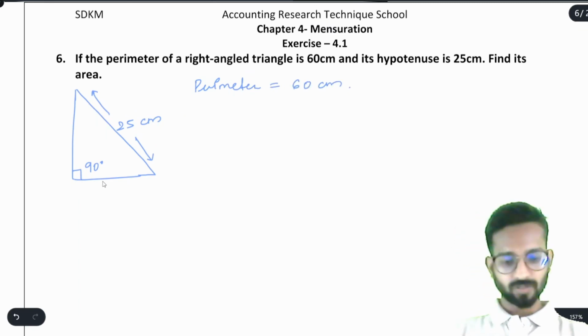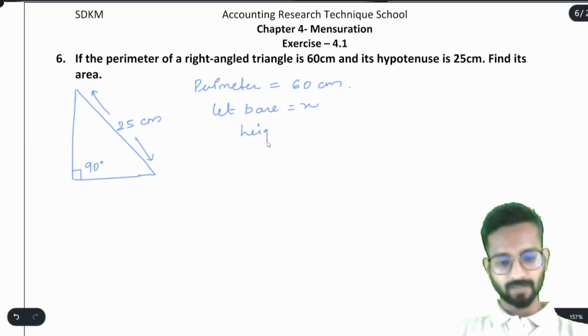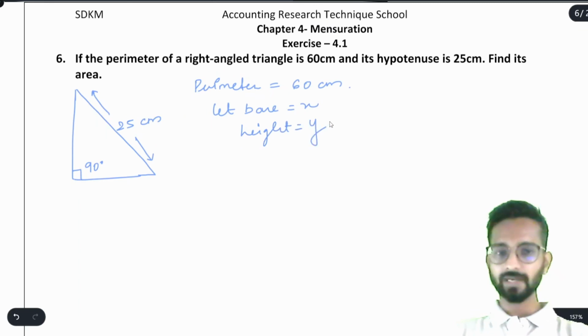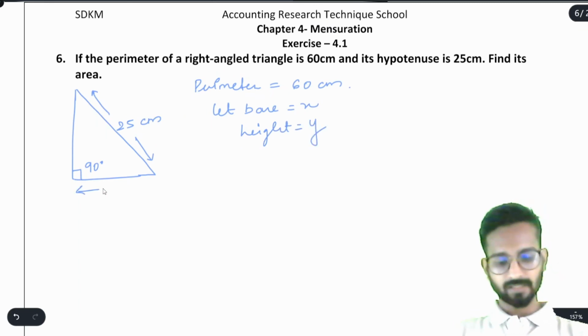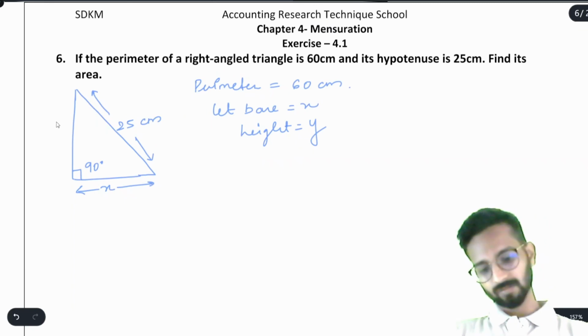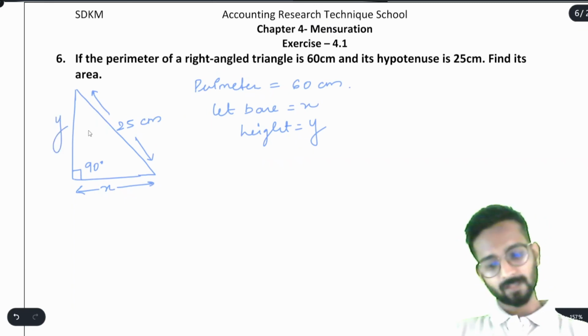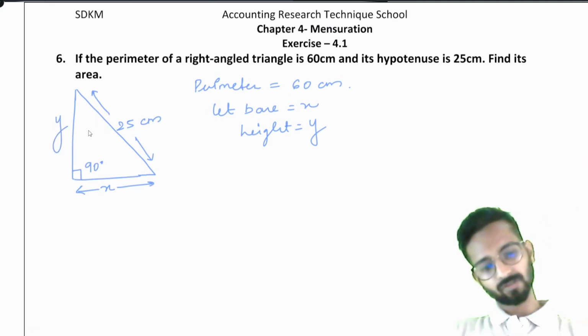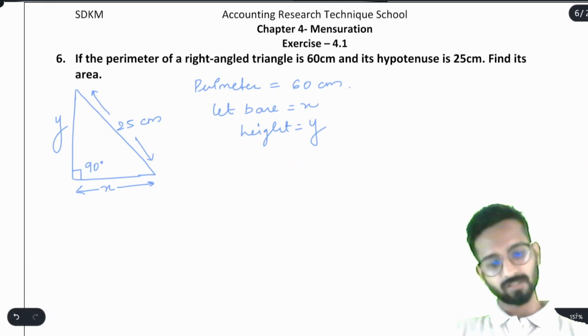Simple. So can I say let base be x and height be y? Let this be x and this be y. So I can say by Pythagoras theorem, we can apply two things here.